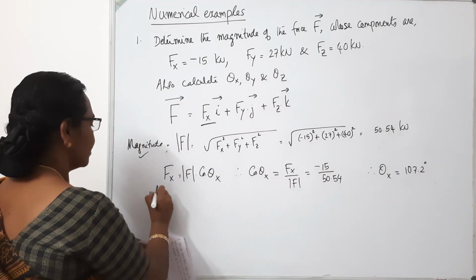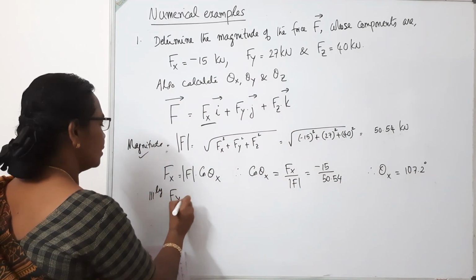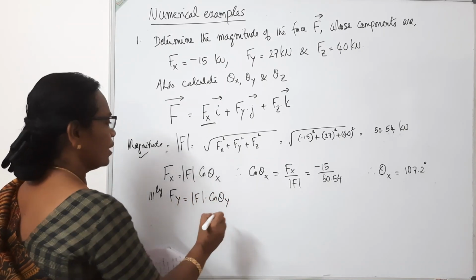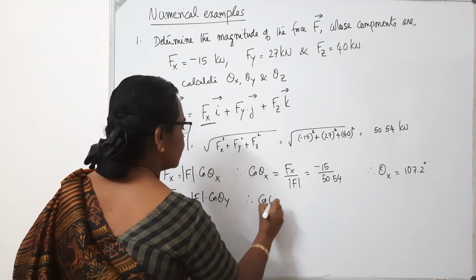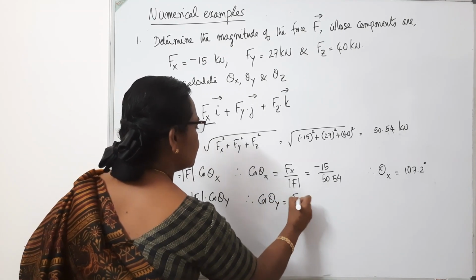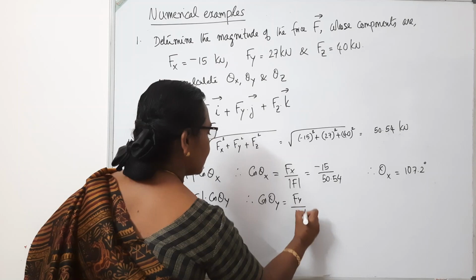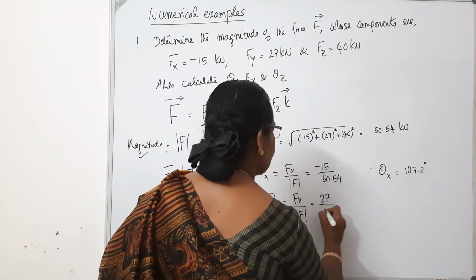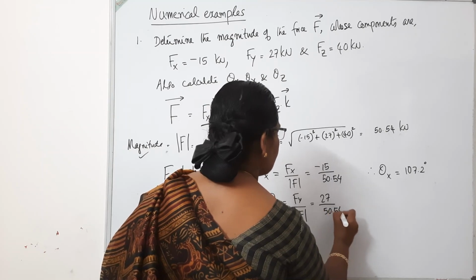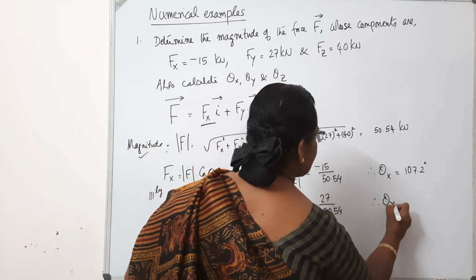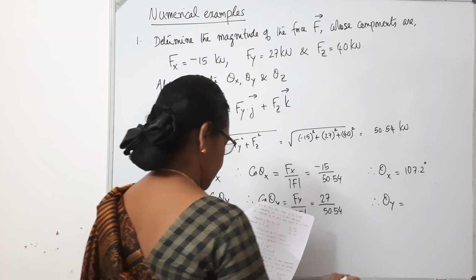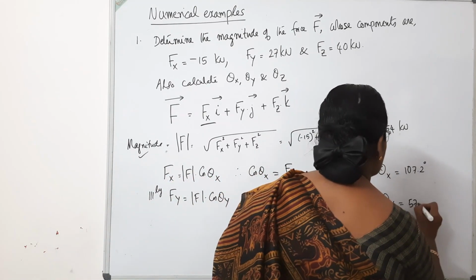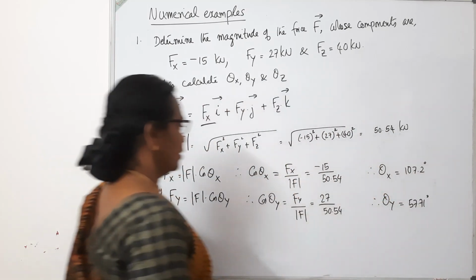Similarly, Fy is F cos theta y, therefore cos theta y is equal to Fy by F, 27 by 50.54. From that you get theta y as 57.71 degrees.